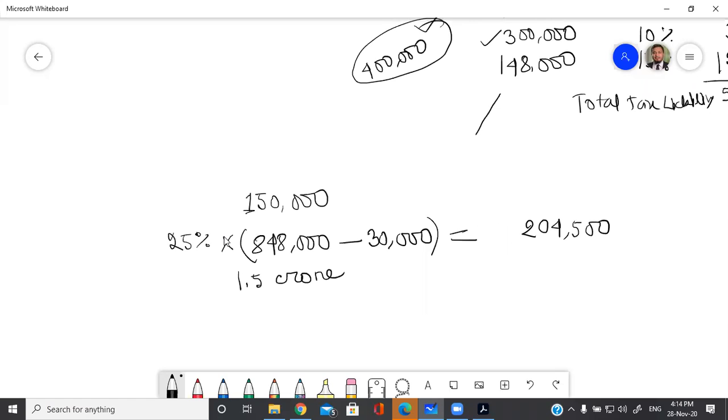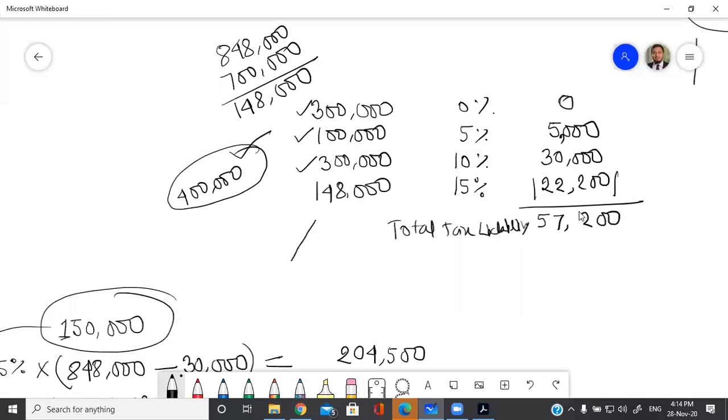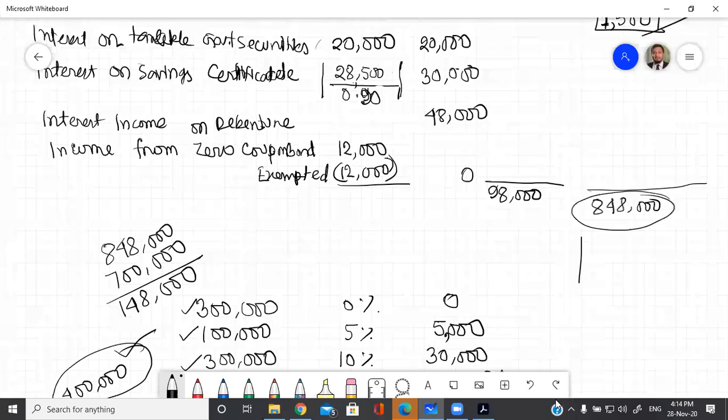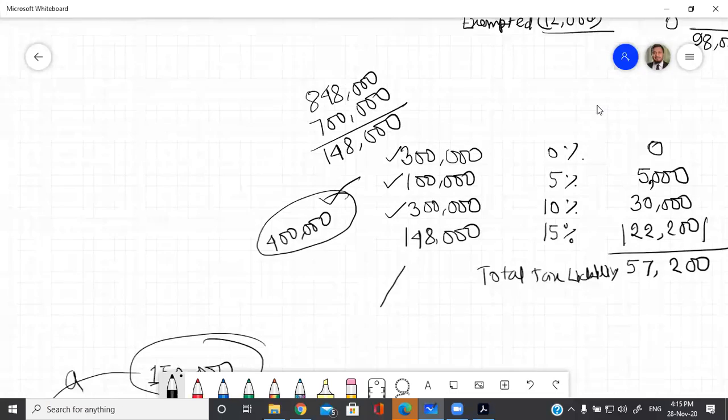Okay. So between these three, A, B, C, which one is the lowest? 150,000. This person's total income, which is 848,000, is within which limit? 15 lakh or more than 15 lakh?